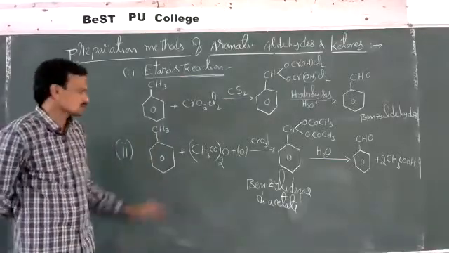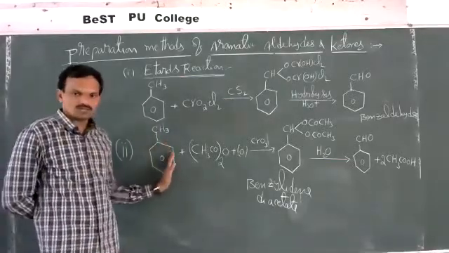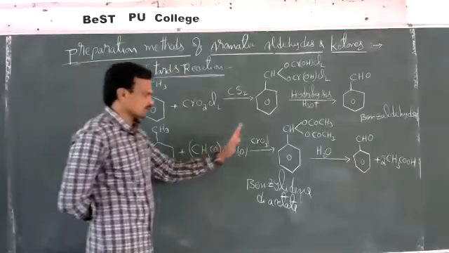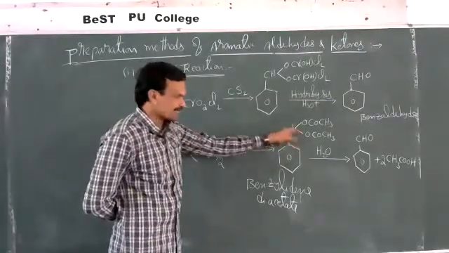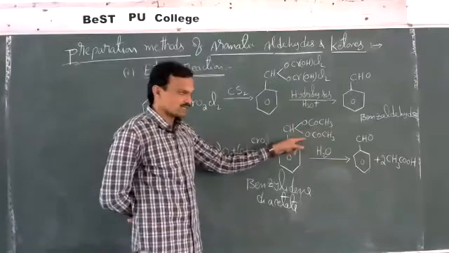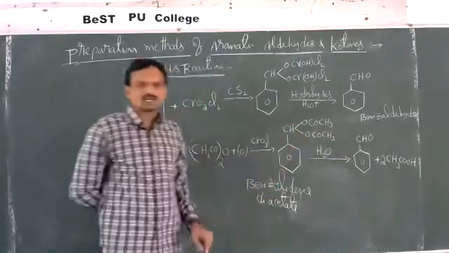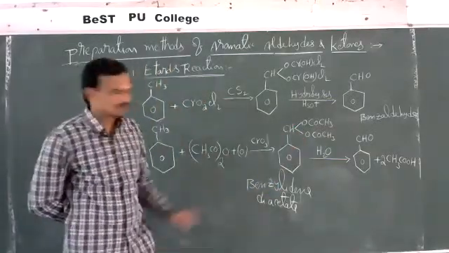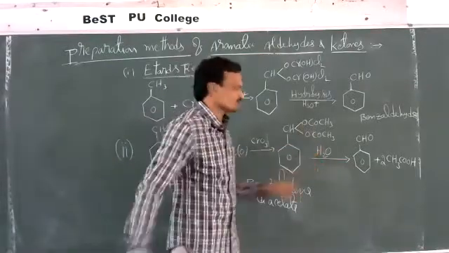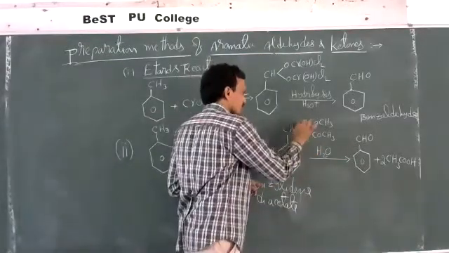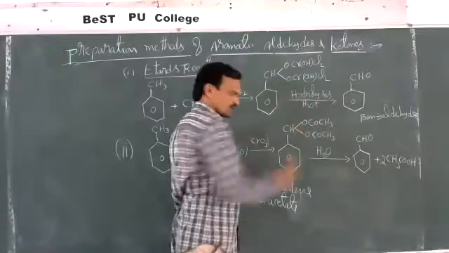See once again. Oxidation of toluene with acetic anhydride in the presence of chromium 6 oxide gives a geminal diacetate, which is known as benzylidene diacetate. And this benzylidene diacetate undergoes hydrolysis. Then this bond and this bond will be cleaved.